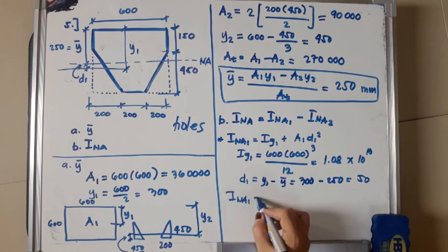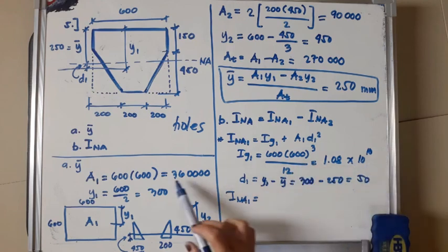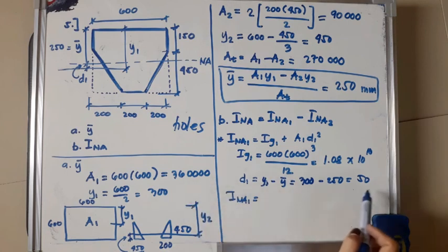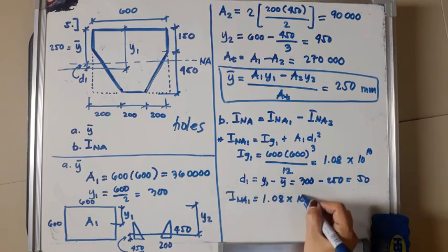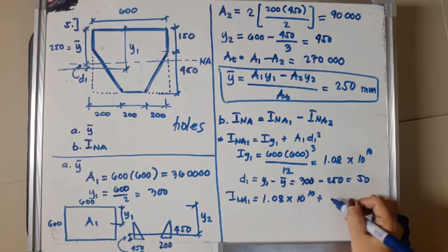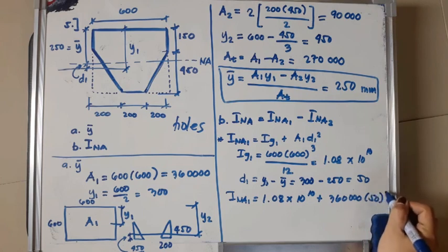I of A1 becomes 1.08 times 10 raised to 10 plus A1, 360,000, times D1 squared, or 1.08 times 10 raised to 10 plus 360,000 times 50 squared.